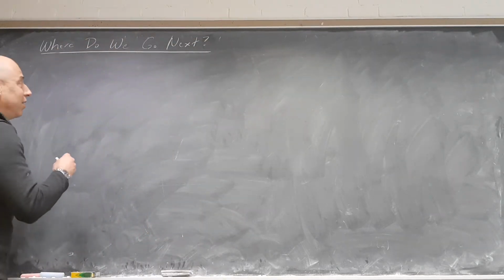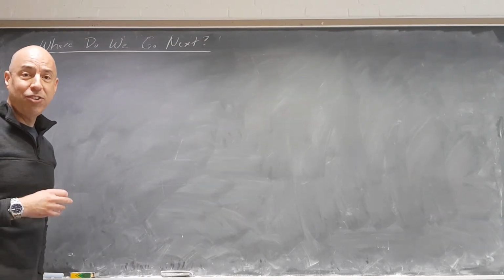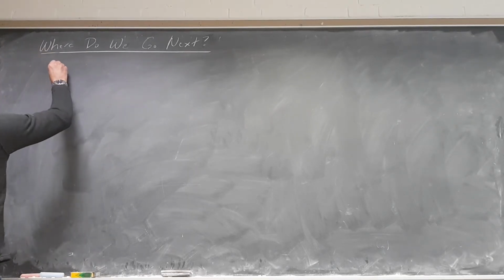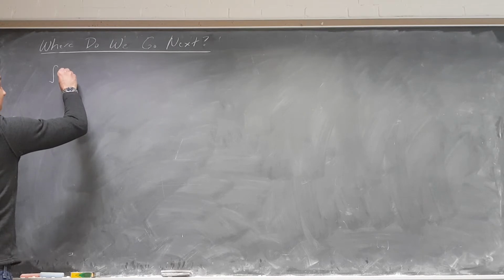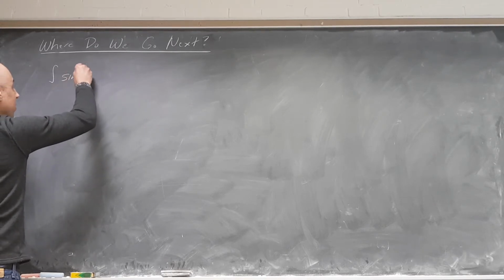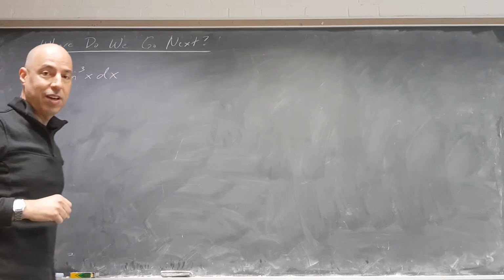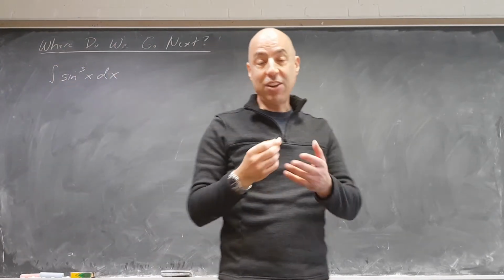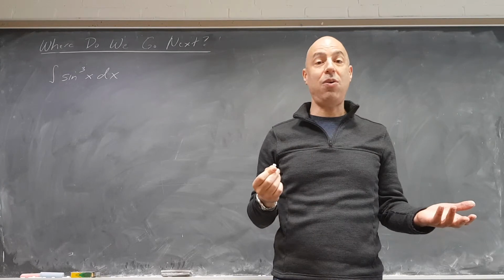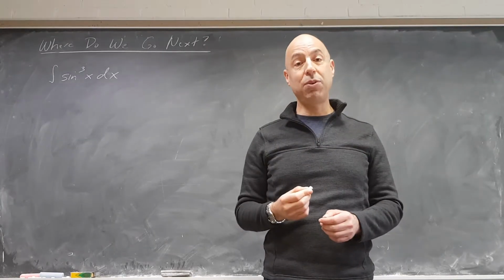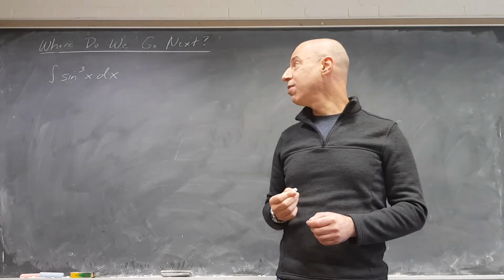There are lots of relatively elementary functions that at the moment we don't know how to find the antiderivatives for. Something like sine cubed of x. It's a fairly elementary function just built out of sine and a power, and at the moment we have no techniques to be able to find the antiderivative of that function.